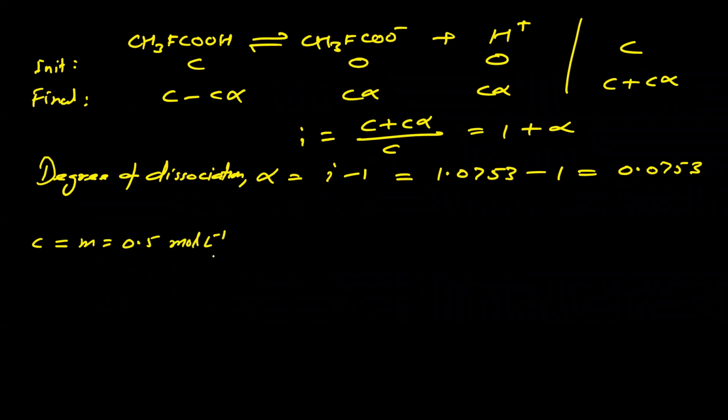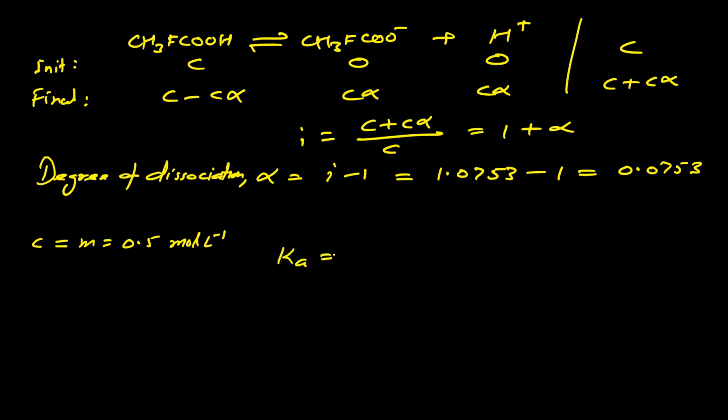Now we need to get the value of Ka. I will not write Ka as C alpha square. Rather, I will get Ka as this concentration divided by this concentration.